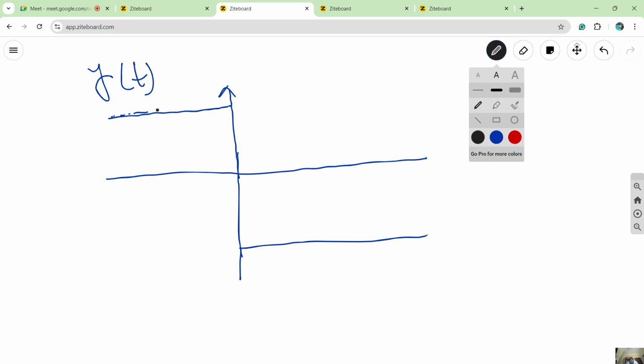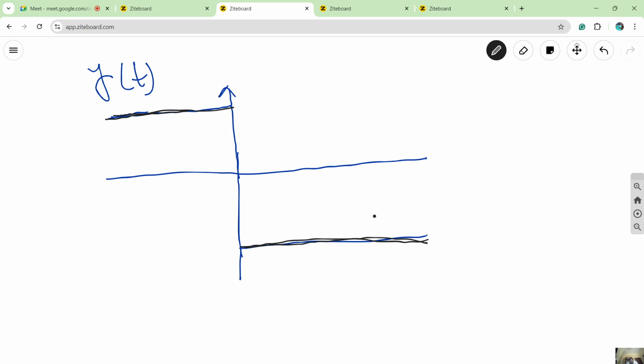We just use the black to mark the signal. This is b, this is minus b.